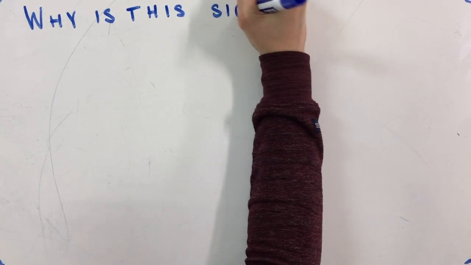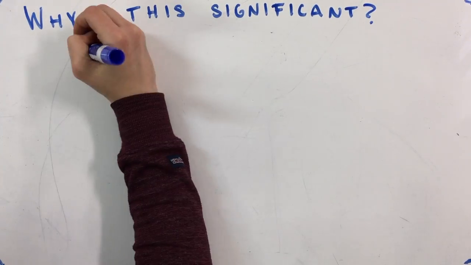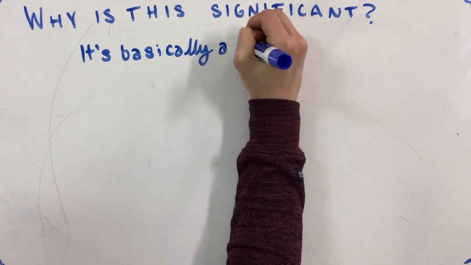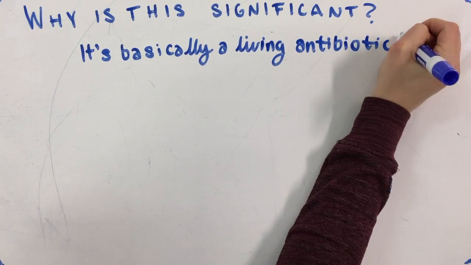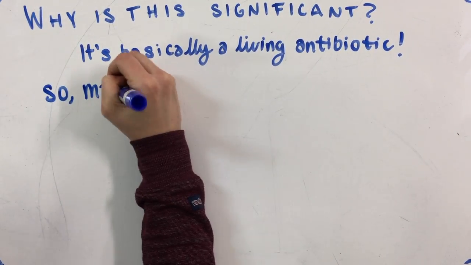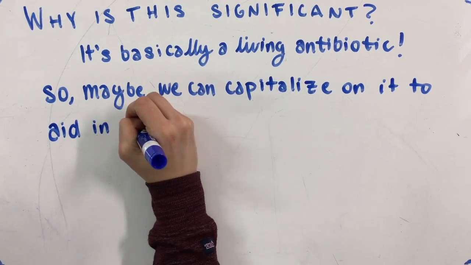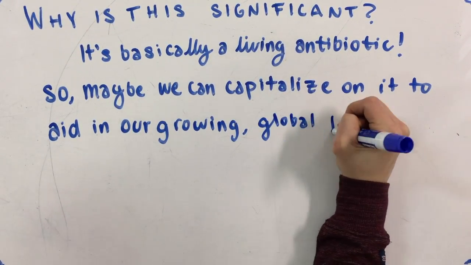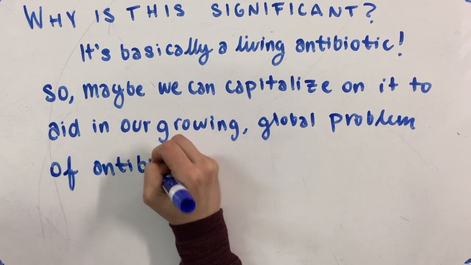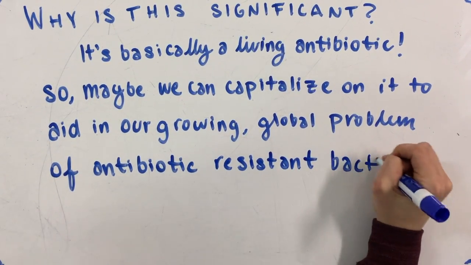So, why are these bacteria important? Well, it's basically a living antibiotic that has the ability to kill pathogenic gram-negative bacteria, and we may be able to capitalize on the bacterium itself or the enzymes it encodes and releases as a solution to the growing global problem of antibiotic resistance.